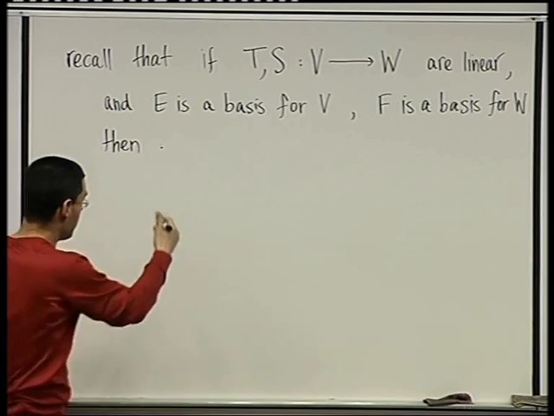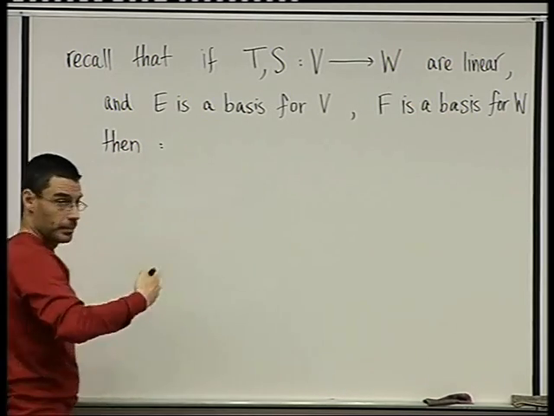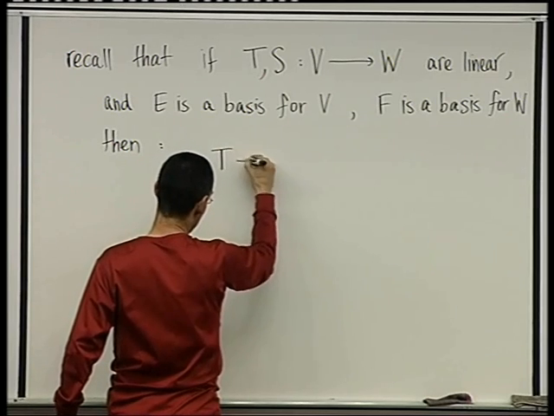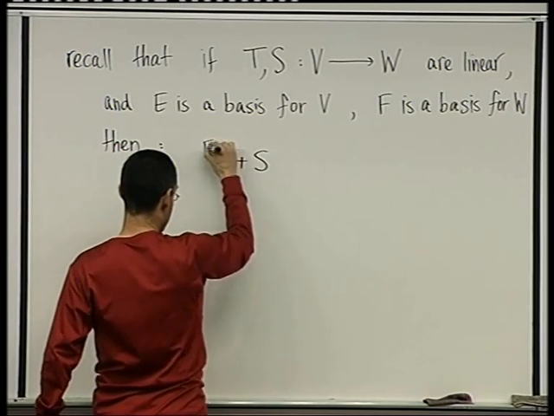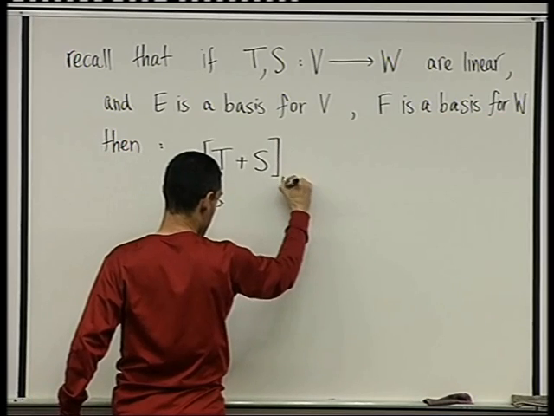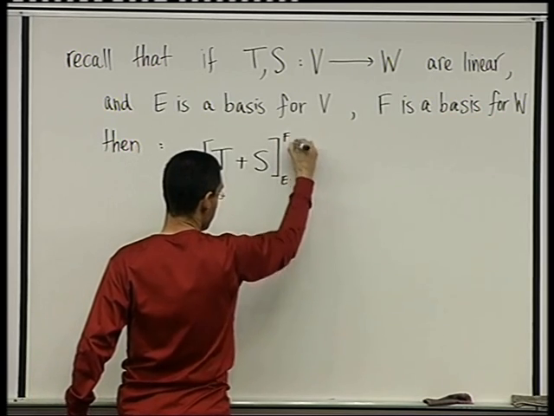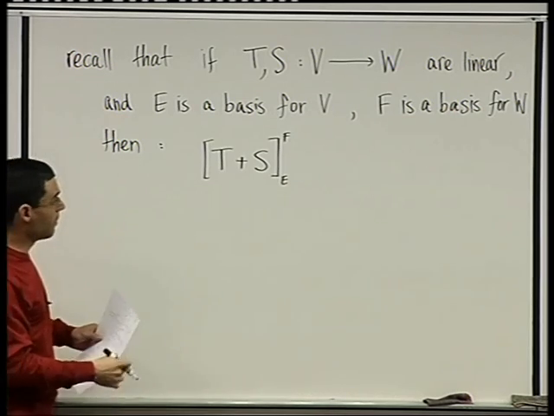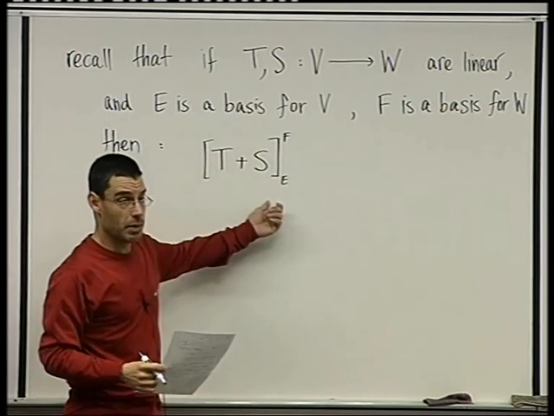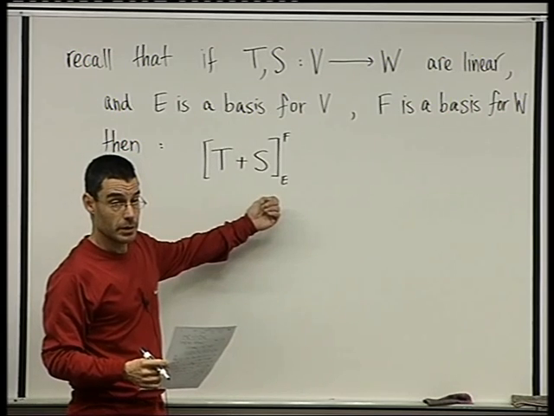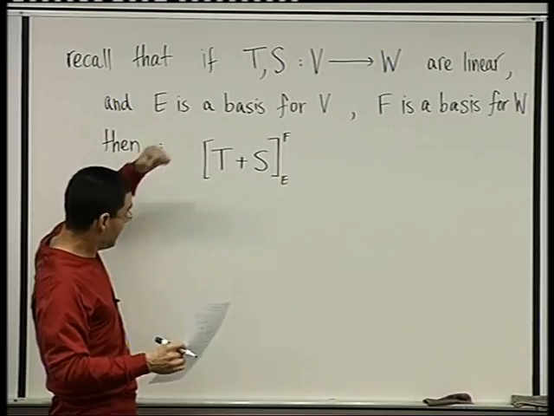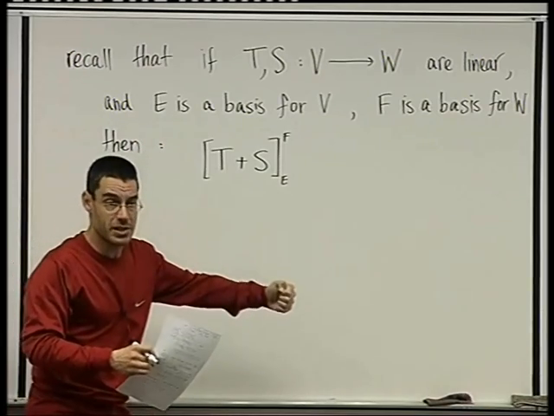And the properties are conserved in the following sense. If we take T plus S and take its matrix representation with respect to the two bases, E and F. Remember that? Okay? So remember what we do, how we take a matrix representation. We take the basis, let the transformation act on the basis.